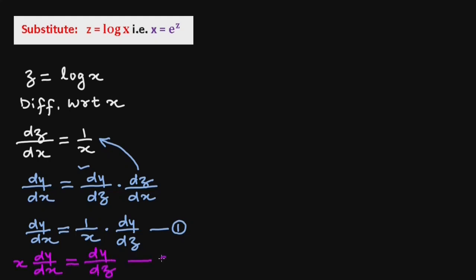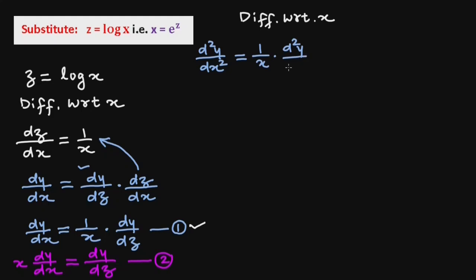We name this 2. Next, we will differentiate equation 1 with respect to x, which will be derivative of dy by dx, d2y upon dx square equals, for differentiating 1 upon x into dy by dz, we have to use product rule of differentiation. So first function into derivative of second, d2y upon dz square.